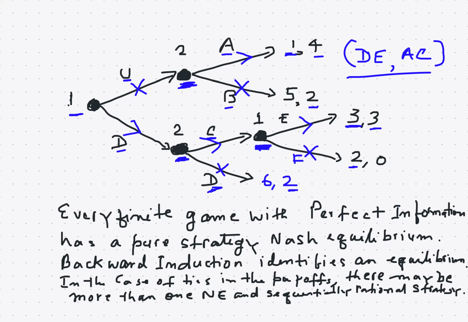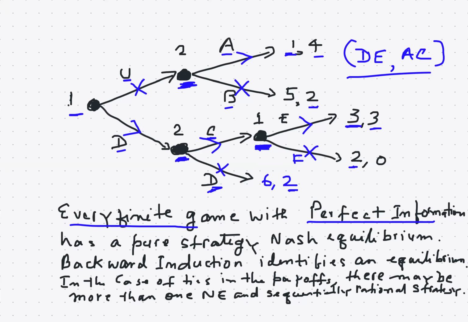So for every finite game with perfect information, perfect information means players know what decision nodes they are at, and there is no ambiguity, meaning the two decision nodes of player 2 are not in one information set, meaning they are not connected with a dashed line here. If they were connected by a dashed line, then this is not a perfect information game because player 2 doesn't know whether he's playing at the upper node or the bottom node.